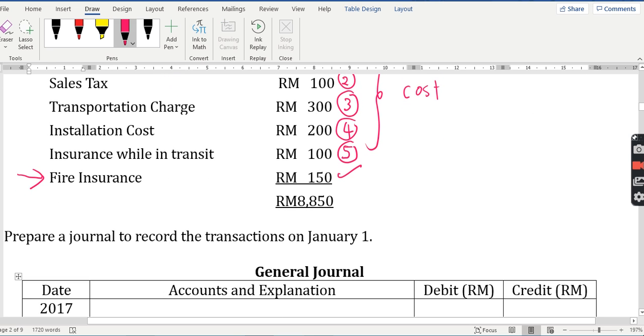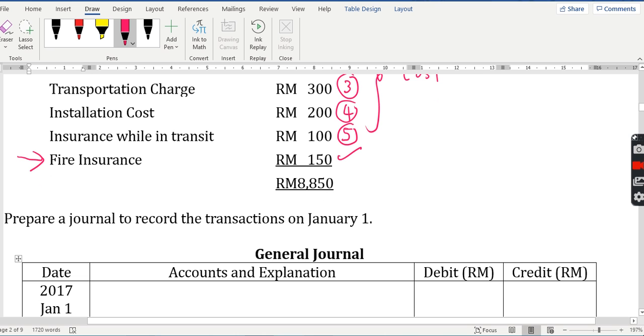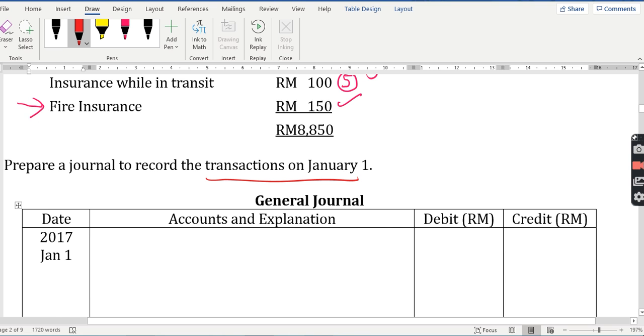If you are to prepare a journal entry for the transaction on January 1st, that means we need to prepare for all 6 items. So how do we go about the journal entry? As I told you earlier, we only have 5 items that will be included in the cost price of the machine.